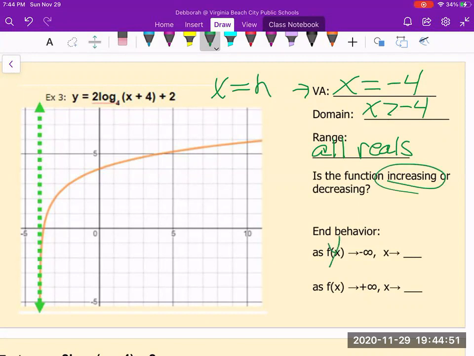As y is going to negative infinity, our graph is approaching x, the x coordinates, excuse me, are approaching that negative 4. And as f of x, meaning y, is approaching positive infinity, meaning as the graph is going up, then x is approaching positive infinity as well.